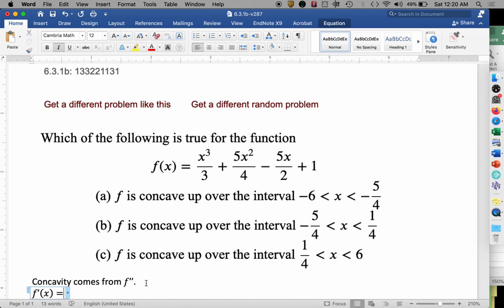So I want to do the power rule on the x cubed, and then divided by 3 is just like multiplying by 1/3. So that's a constant. Your constant multiple rule says you just bring the constant down as part of your answer. So I have x cubed, so that's going to turn into 3x squared, and then divided by 3.